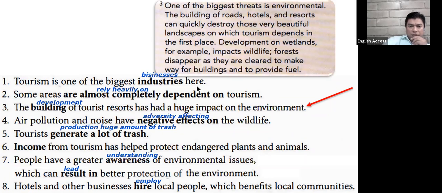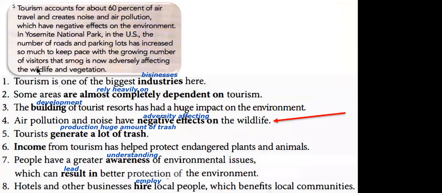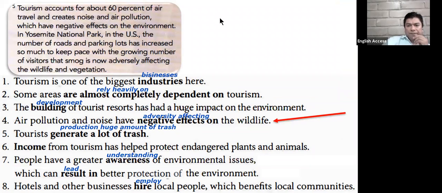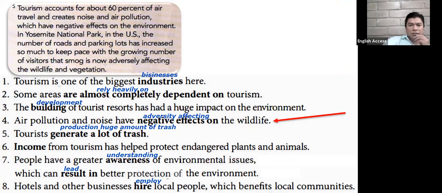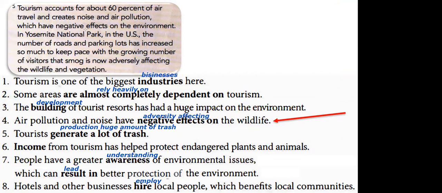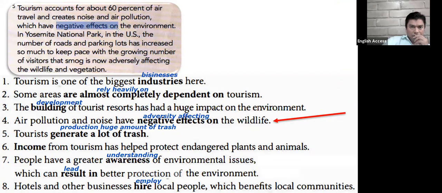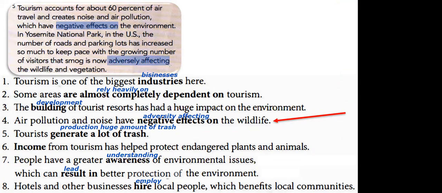Next, number four, adversely affecting is on paragraph five. So first is negative effects on. And the other one, what did you say was? Adversely affecting.